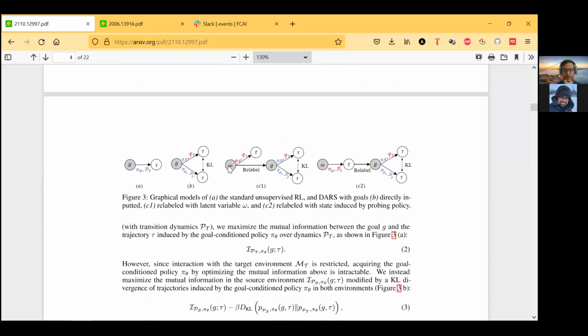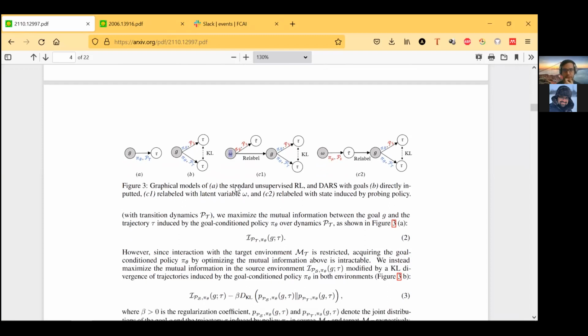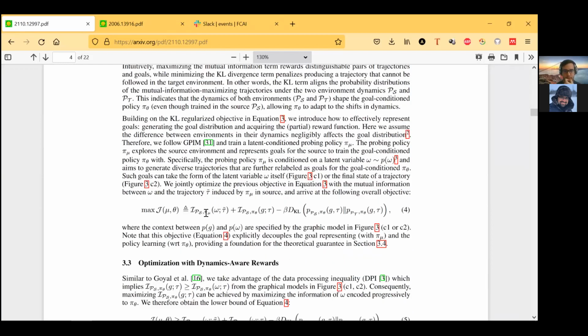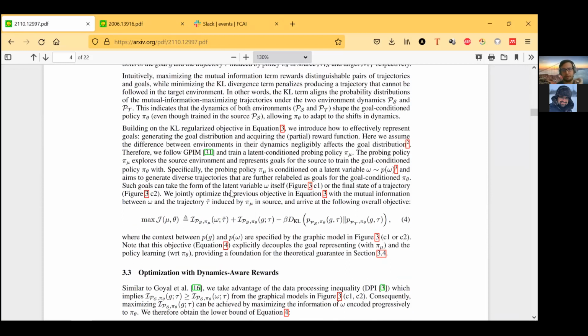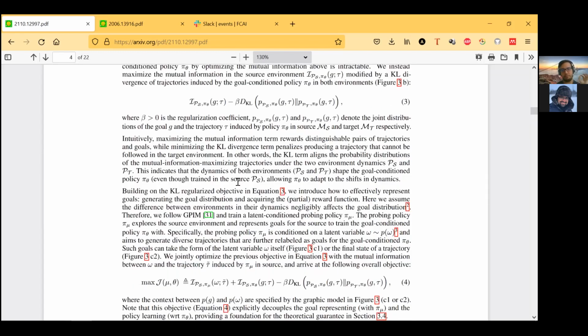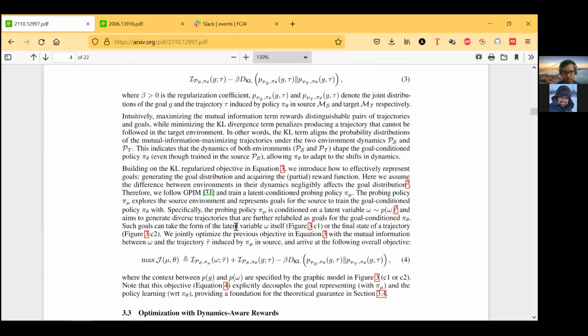You will first sample a goal in the latent space, and then you will have this policy pi u here. For this one, you will maximize the mutual entropy between these goals in the latent space and the trajectories generated by pi u. Then, for instance, if you want the goals to be in the state space, you would relabel. It's stated, I think, around here, the relabeling.